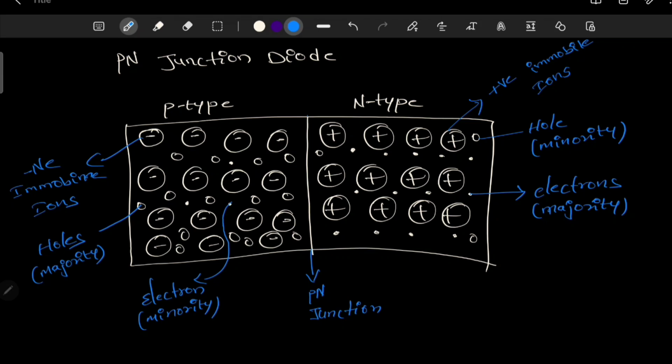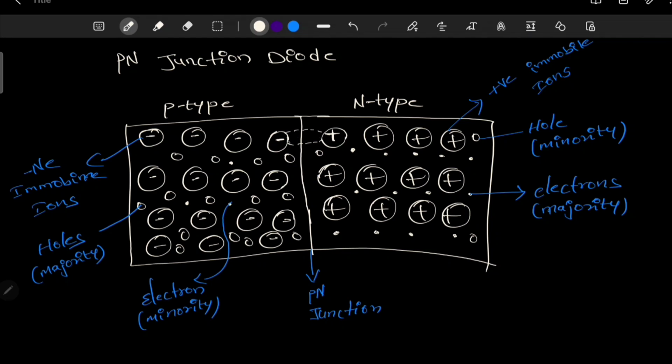So up to now we have seen the n-type and p-type and these immobile ions, and now we will see the diffusion process. I already told, when there are two opposite charge polarities, attraction will take place. See here, in n-type we have positive immobile ions. In p-type we have negative immobile ions, means these two are opposite charge polarities, right?